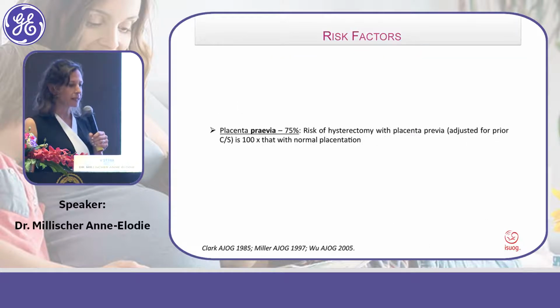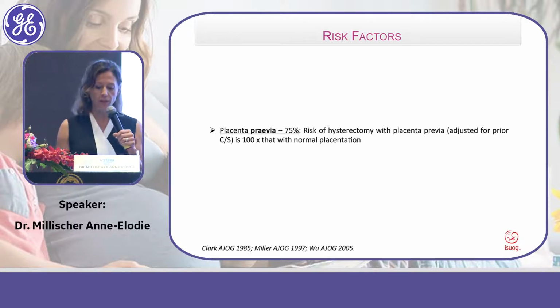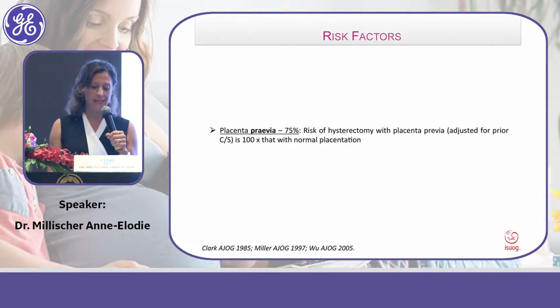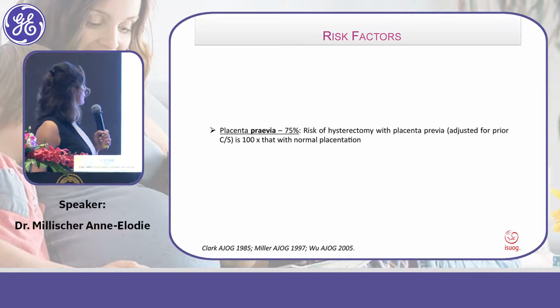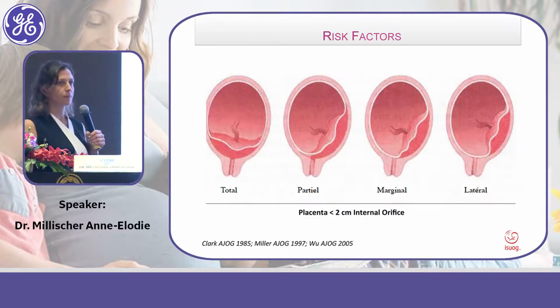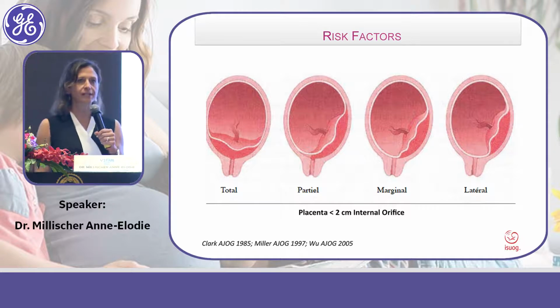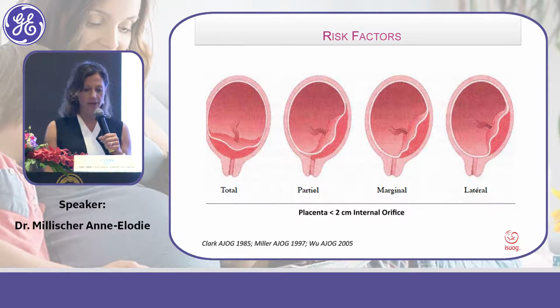There's two clinical risk factors. The first is the low location of the placenta previa. Có hai yếu tố nguy cơ lâm sàng mà dẫn tới nhau cài răng lược. Cái thứ nhất là nhau tiền đạo. And we have different stages of placenta previa.